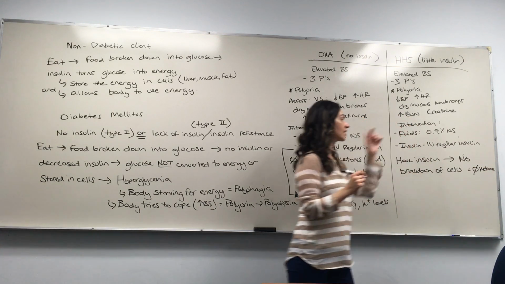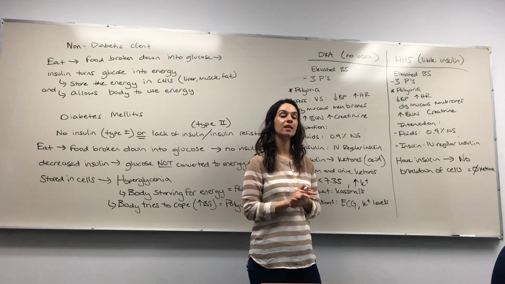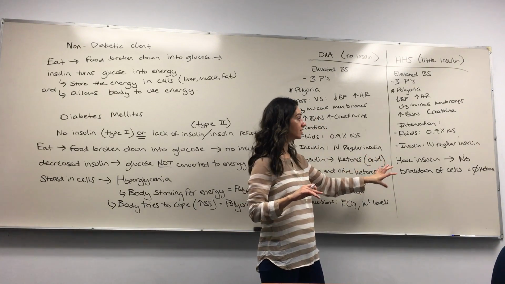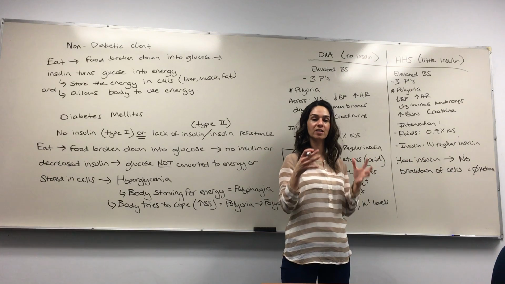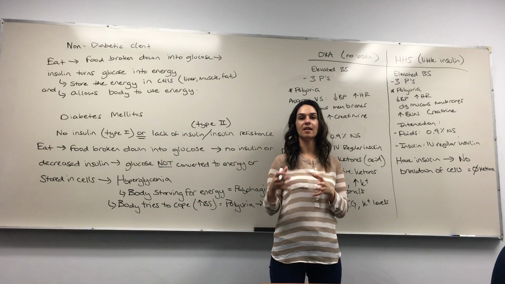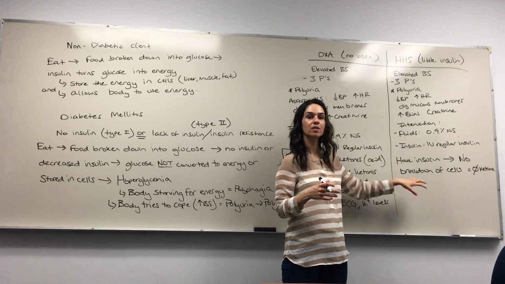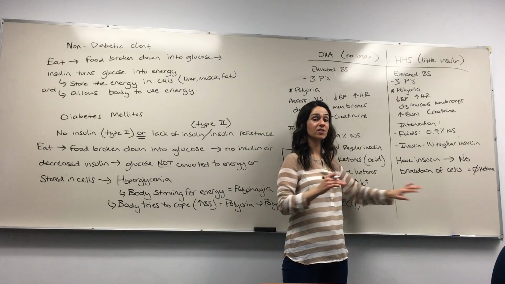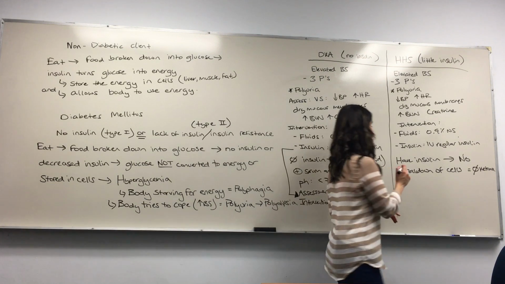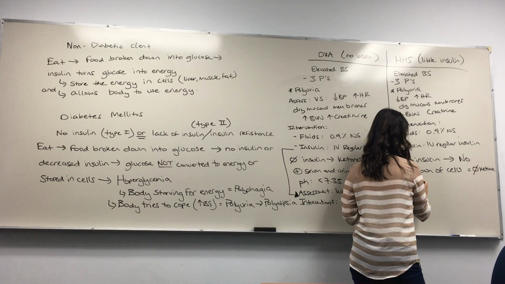So somebody in HHS, they're not going to be in an acid-base imbalance because they have enough insulin in their body to transport some glucose into cells and to utilize glucose for energy. So they don't have to revert to breaking down cells for energy. There is no ketone production. If there's no ketone production, the pH is normal.